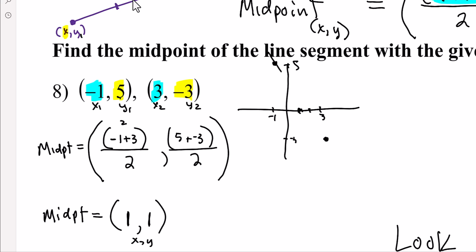So if you were to plot that line right there, but we are looking for those 2 points, and it says at 1, so I'm off a little bit because I don't have a great graph, but look at 1, 1, that would be the midpoint. So imagine if I had a perfect graph that I was working with. All right.